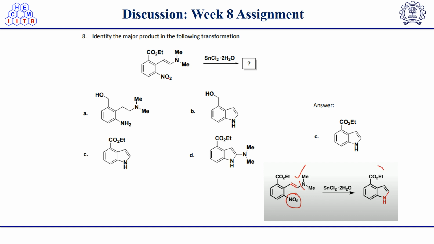So this will be converted into NH2 and this will be hydrolyzed to form the corresponding aldehyde, that is, CH double bond O will be here. Then this nitrogen lone pair will attack that carbonyl carbon, and then dehydration will result. OH and one H will be eliminated from this position to give this indole derivative. So the correct answer will be option C.